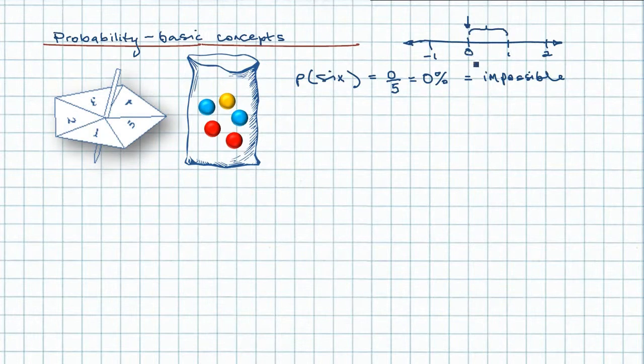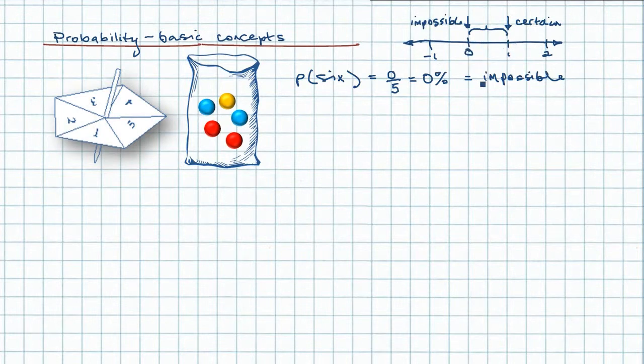And there's nothing in probability less than 0. You can't have a negative probability. It's either impossible or it's certain. So we have 1 representing certainty and 0 representing impossibility. And then, of course, we have all these shades in between, which are fractions.